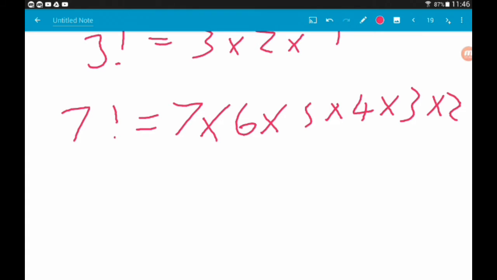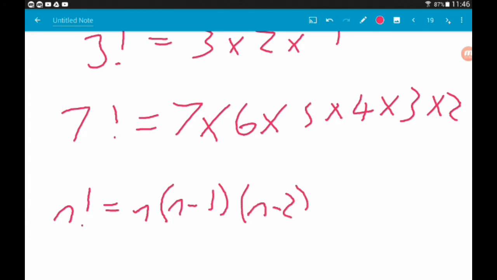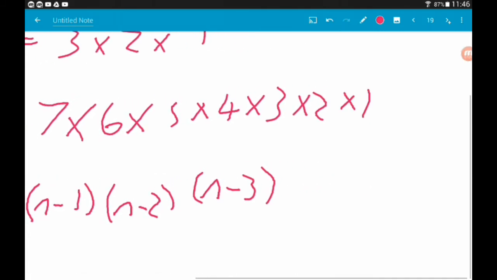Something else as well though. n factorial is equal to n times n minus 1 times n minus 2 times n minus 3, all the way down to 1.